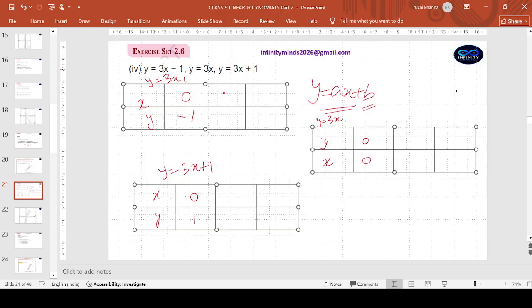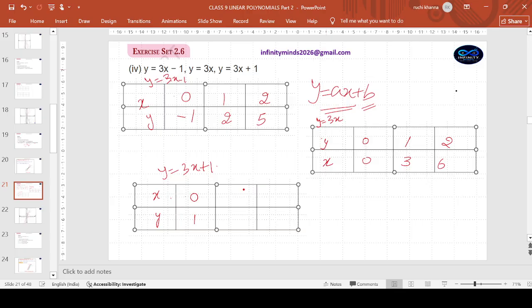Now, if I put the value x equals 1, 3 into 1, 3, minus 1, 2. If I put the value 2, 3 twos are 6, minus 1, 5, and so on. If I put the value 1, 3 ones are 3. If I put the value 2, 3 twos are 6.